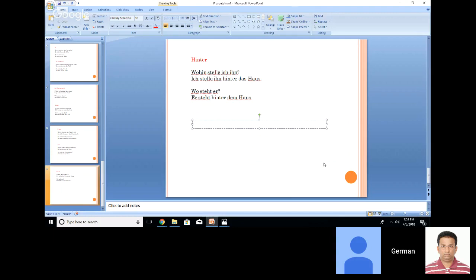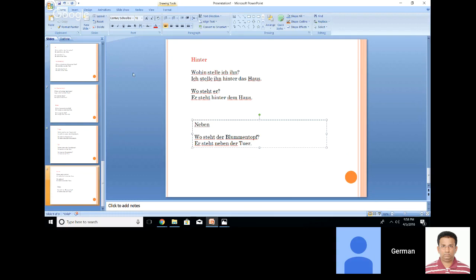The next Wechsel preposition, neben, which is near. The dative question will be wo steht der Blumentopf? Er steht neben der Tür.